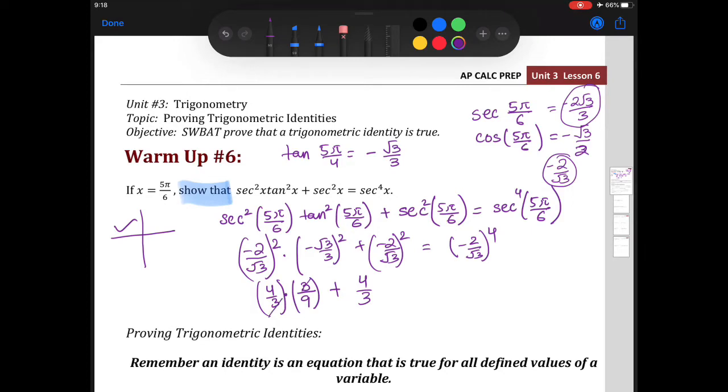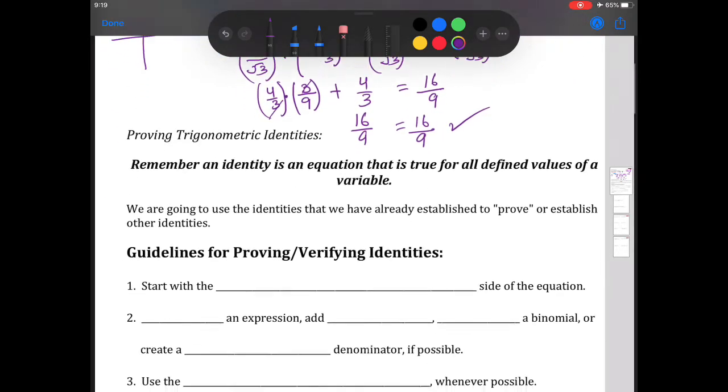You simplify this. This cancels. You're left with 4 ninths. 4 ninths plus 4 thirds is actually 16 ninths. And this side is what? 16 over 9. So it said show that this is true.